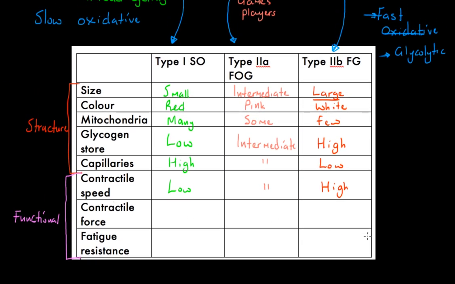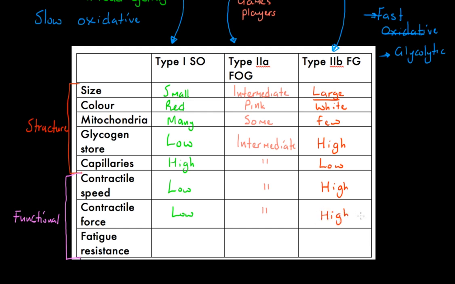We get exactly the same sort of notion with contractile force. How much contractile force for the type 1? Well, again, we've got the idea of low contractile force. With the type 2A fibers, the FOGs, we get intermediate. With the type 2B fibers, again, we get the idea of high contractile force.